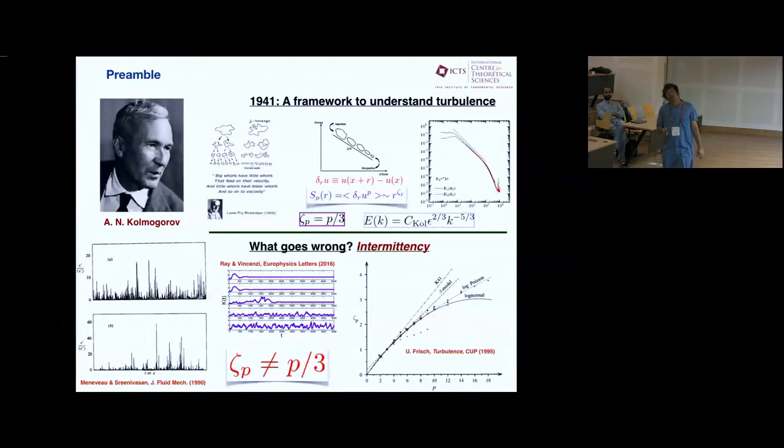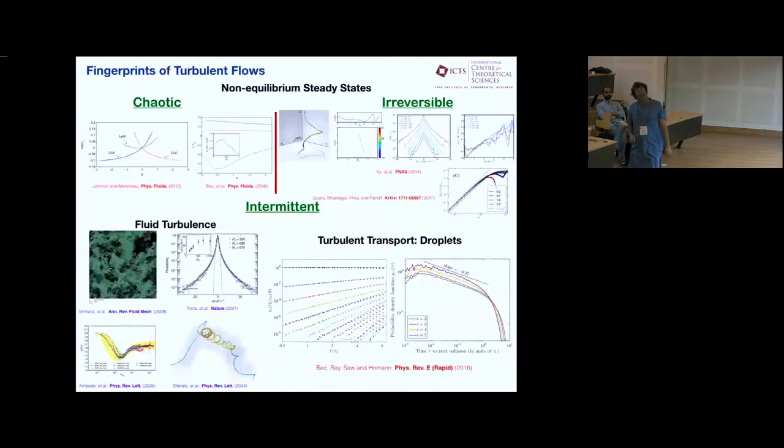One of the things which certainly goes wrong in this picture has to do with what is known as intermittency, a word which has been used frequently in the last day and a half. So let's try to understand a little more about these fingerprints of turbulence, and this will set the stage for the model that we have proposed in the past, which suggests some implications for these.